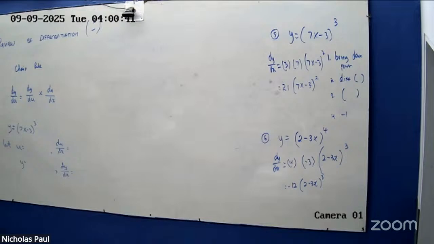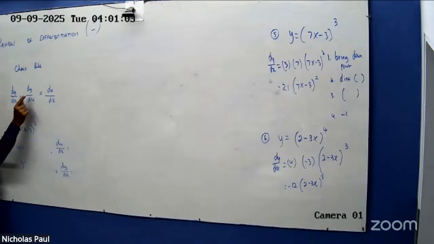Sorry, William. If you look here, there's another way for us to differentiate 7x minus 3 cubed. That technique is called chain rule. If a question says use chain rule to differentiate this, then you have to use this formula. The formula is dy dx is equal to dy du times du dx.